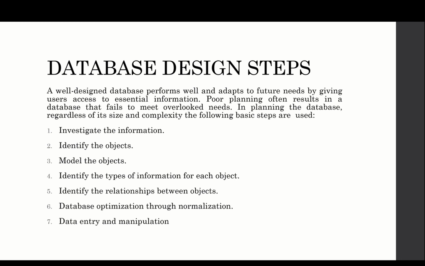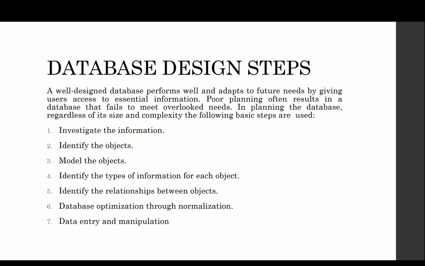After getting the information of what you need to include in your database, you have to sort out that information you've gathered. Then you try to categorize by identifying the objects. This is the object student. This is object subject. This is object school fees. This is object academics. Then you try to identify such objects.